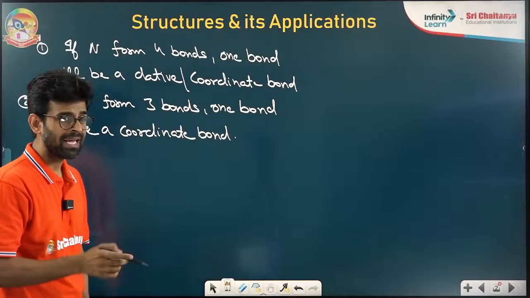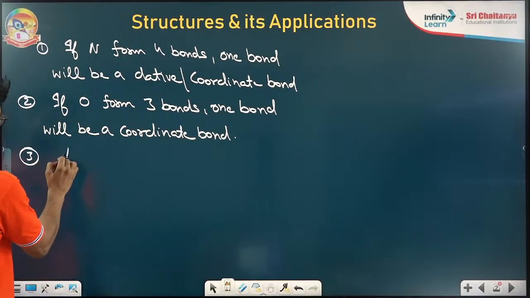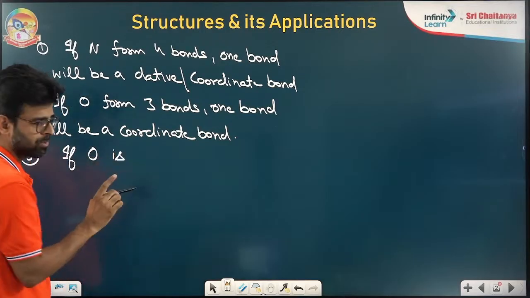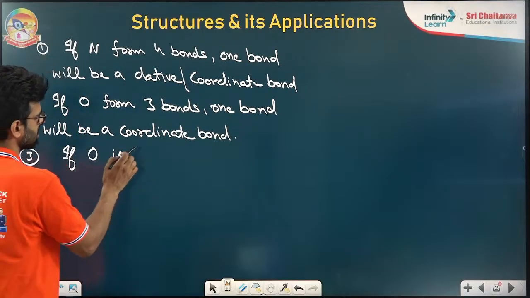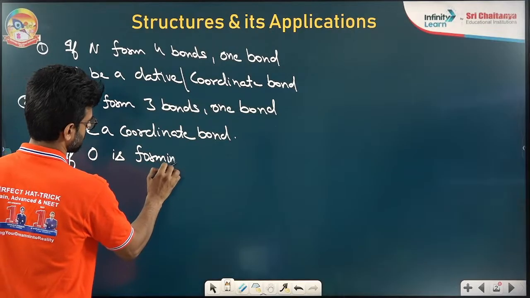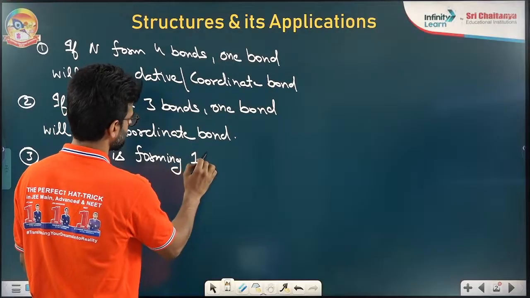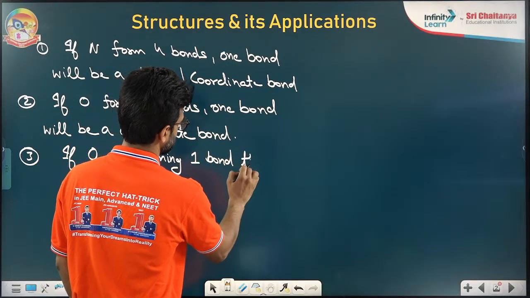Clear, bacha? And if by chance you see neutral oxygen, right? I'm not saying a positive charge or negative charge, I'm saying neutral oxygen. If oxygen is forming a single bond, forming just one bond, I am saying, that will be a coordinate bond.